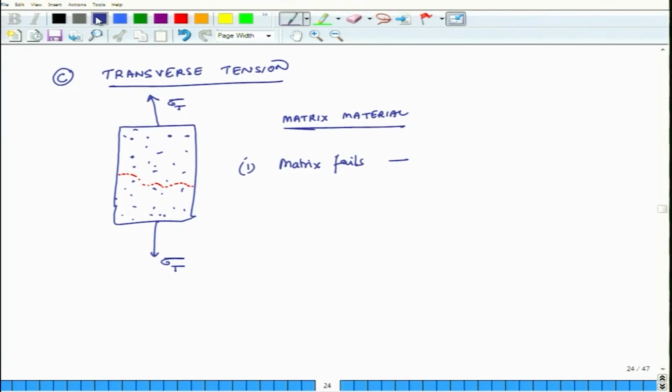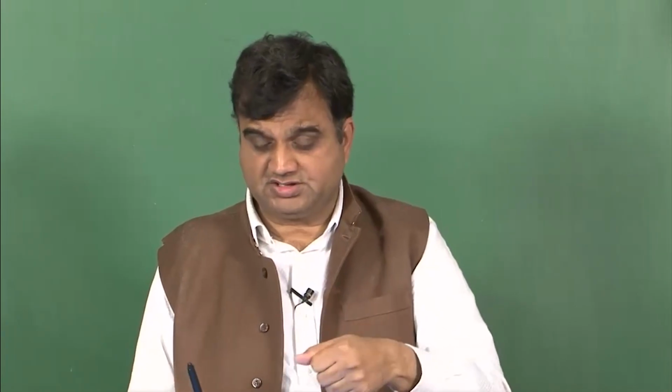The other scenario could be that the matrix fails and along with it the fiber debonds. So, when the matrix is failing, and let us say the fiber is partly wetted and partly bonded to the matrix, then the fiber debonds from the surface.